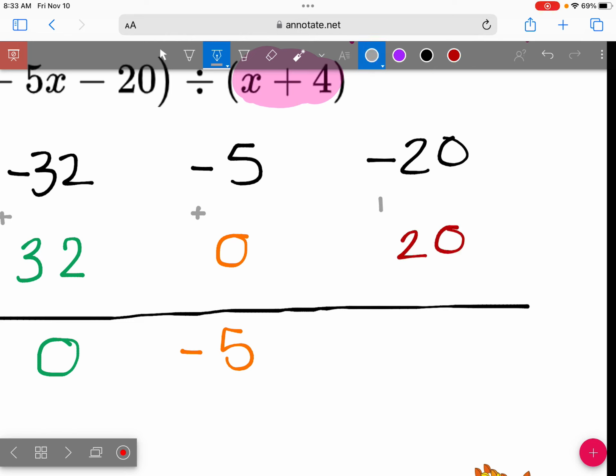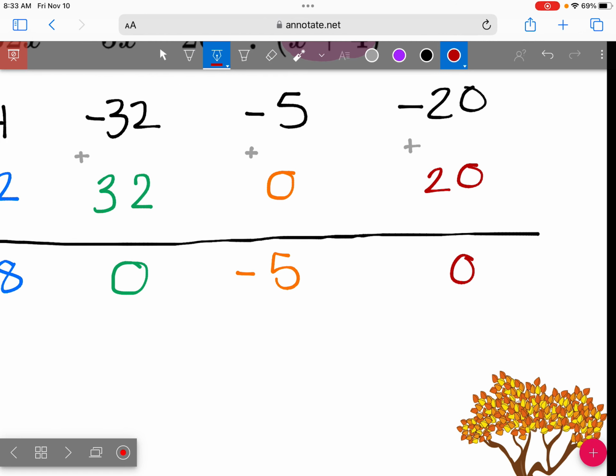Negative 20 plus 20 is 0. Our last term is always the remainder. And most of the time, it's going to be 0. I say most because I made a typo on one of the homeworks and we wind up with a remainder.